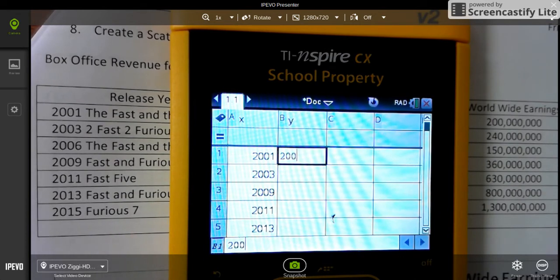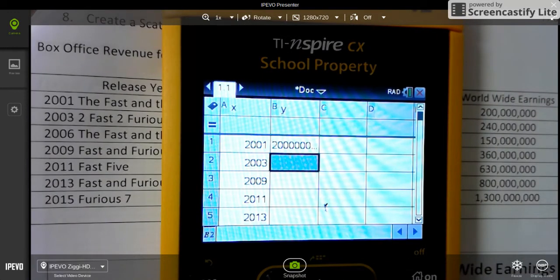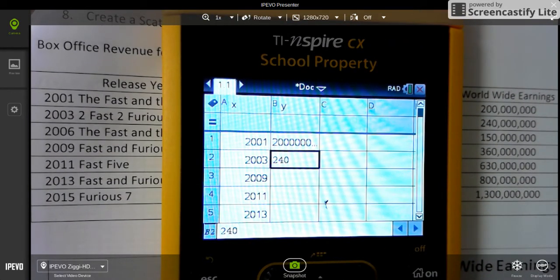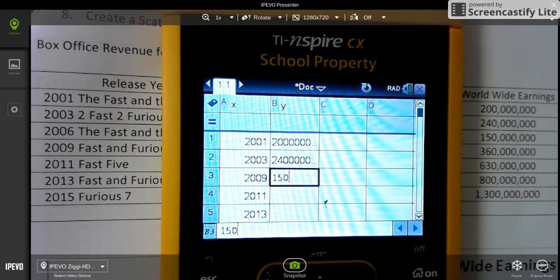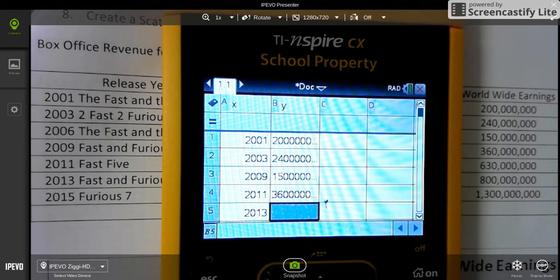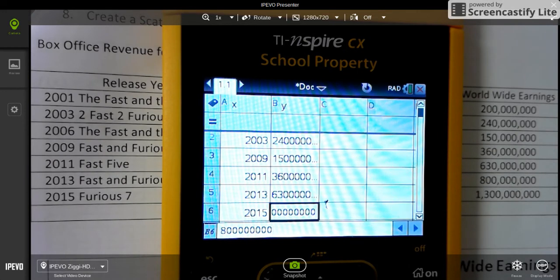So that's 200 million, 240 million, 150 million, 360 million, 630 million, 800 million. You're probably asking yourself, man, these numbers are big, but that's how the real world works.